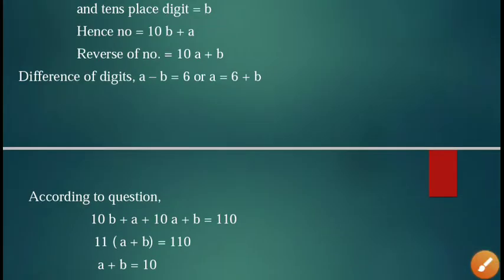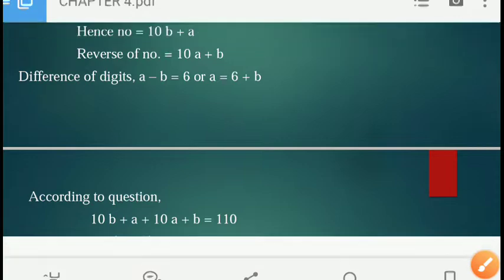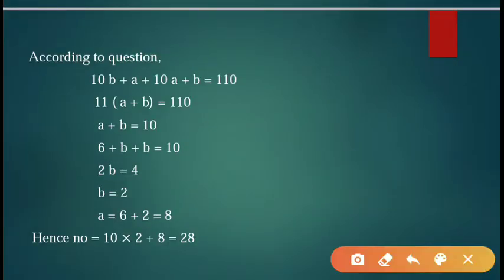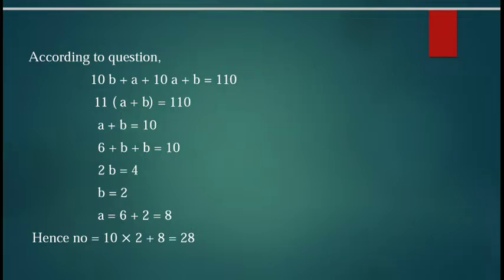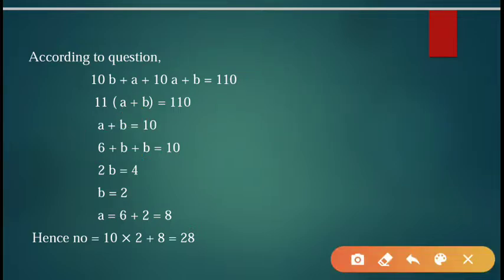In the place of a write 6 plus b, and this b will be as it is, equal to 10. Remember this, I have put the value of a as 6 plus b here, and this b is as it is. Okay, now we can add both the b.